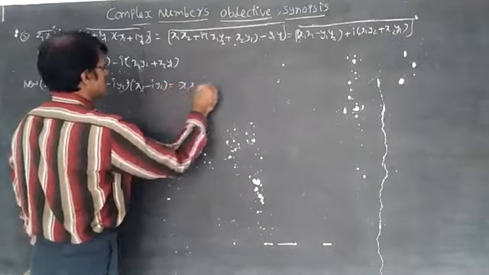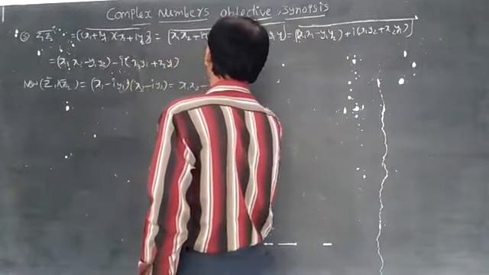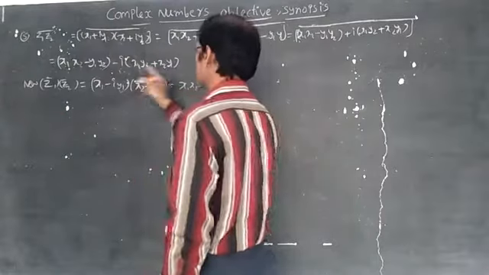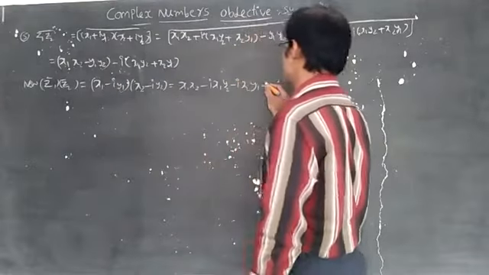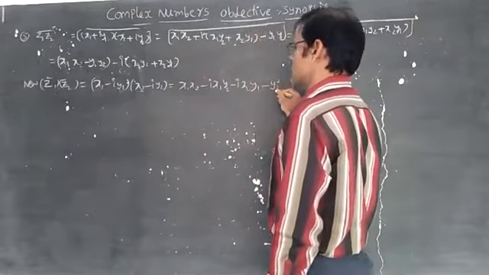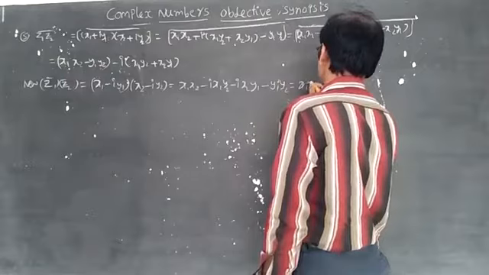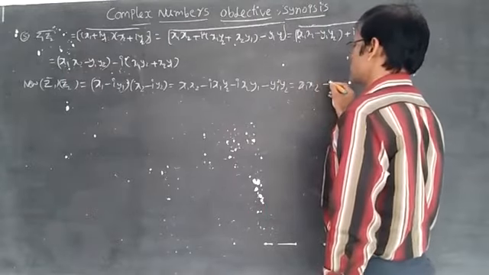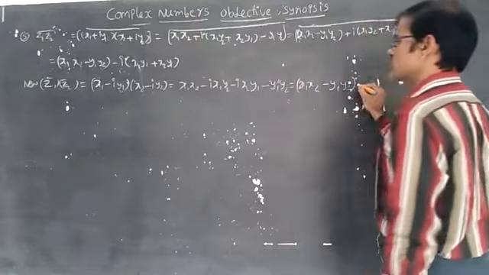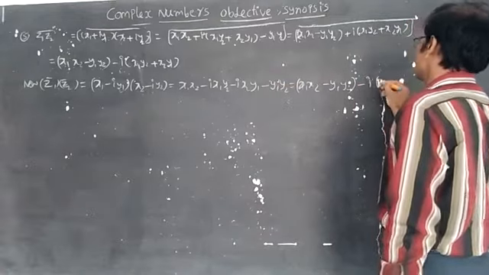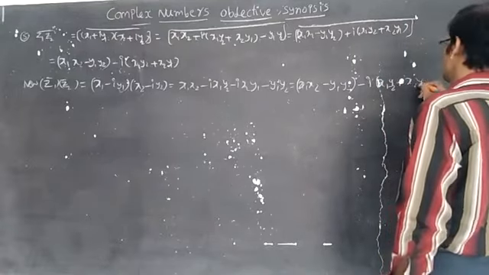That is equal to x1 x2 minus i x1 y2 minus i x2 y1, minus of minus plus i square becomes again minus, so it is y1 y2. You can write now x1 x2 minus y1 y2, minus i, taking common, it becomes x1 y2 plus x2 y1.